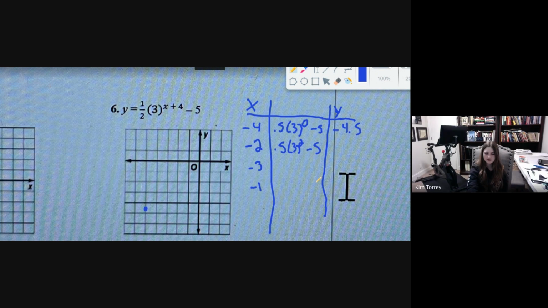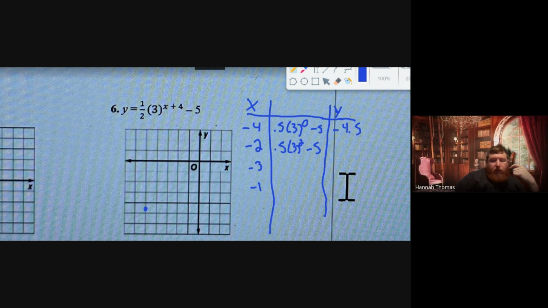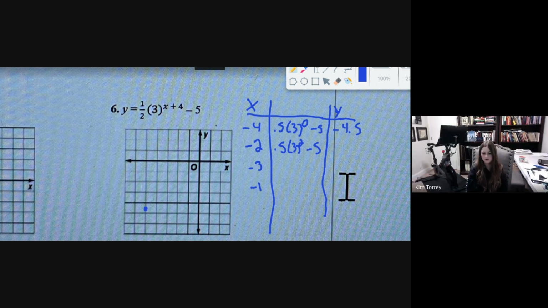Okay. So then for -2, we do -2 plus 4, which is 2. So then 2 times 3 is 6. Well, this is 3 squared. This is not 3 times 2. This is 3 raised to 2. Oh, shoot. Okay. So it would be 9.